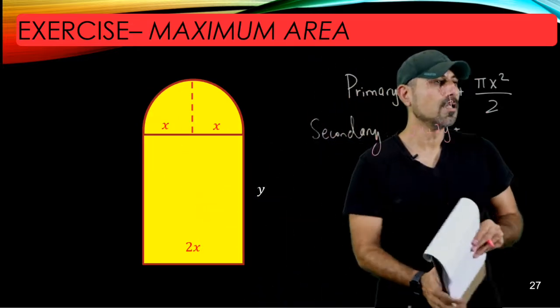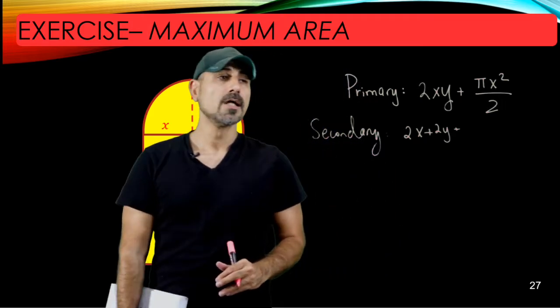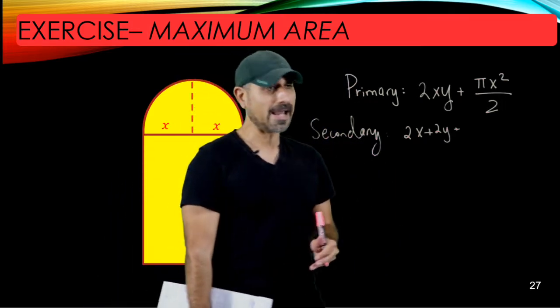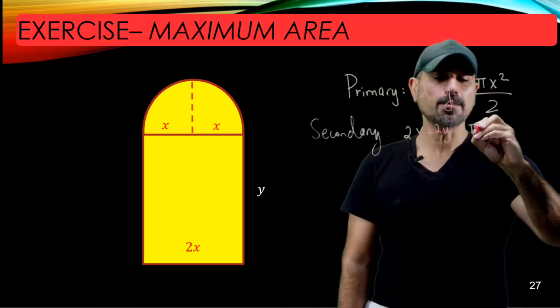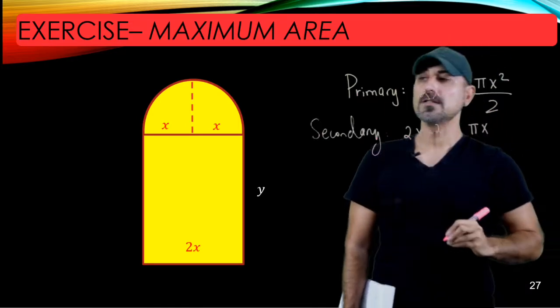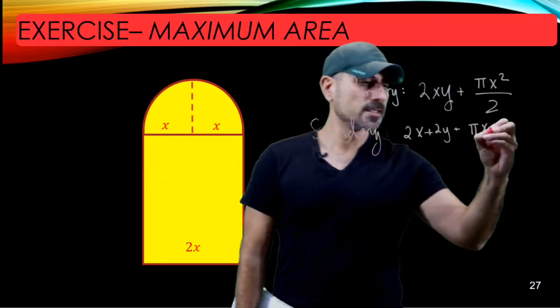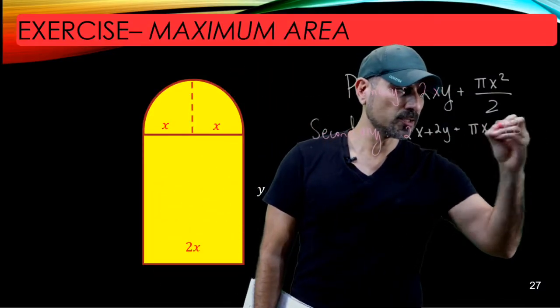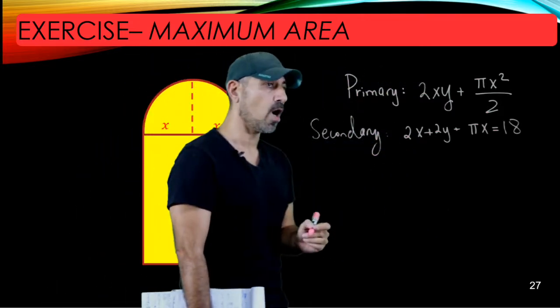For the full circle, the perimeter is 2 pi times the radius, so it's 2 pi x. But we have the semicircle, so it's half of that. So pi times x is the perimeter of the top circle. We're going to set this to 18 because that's what the question statement says. This is our constraint for x and y.